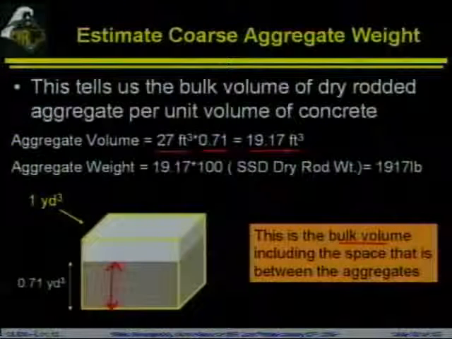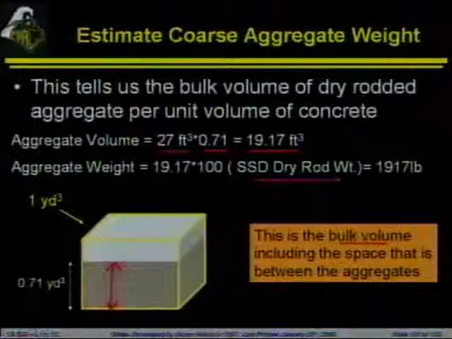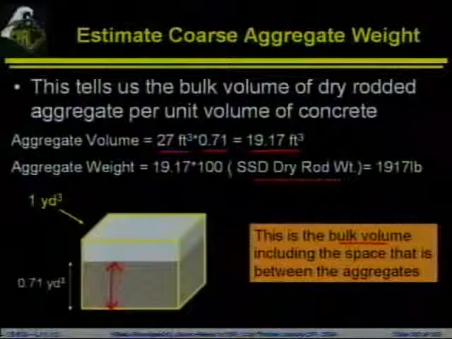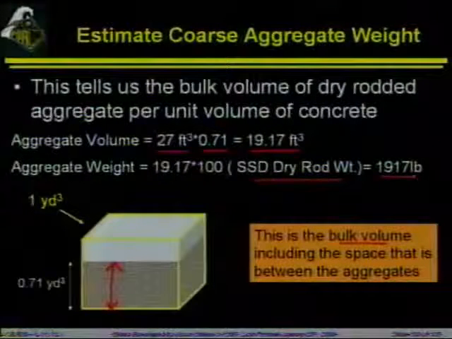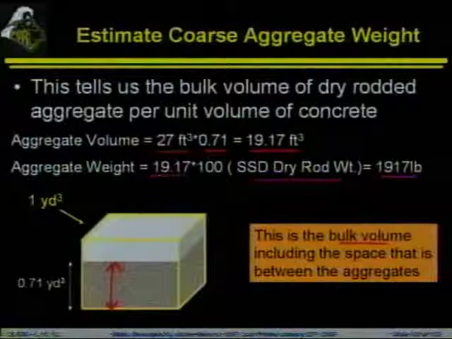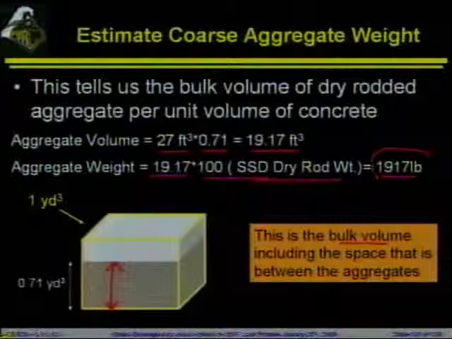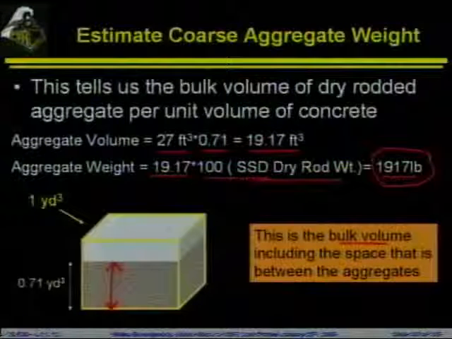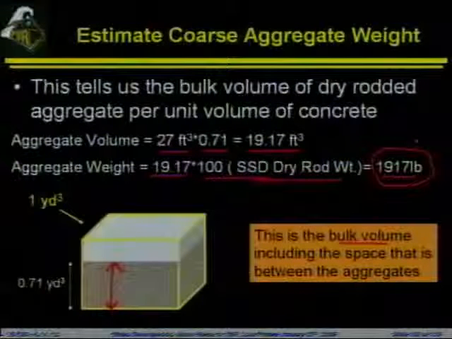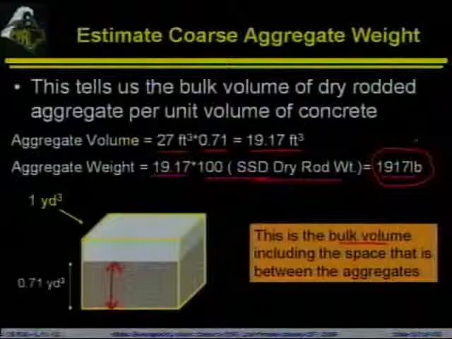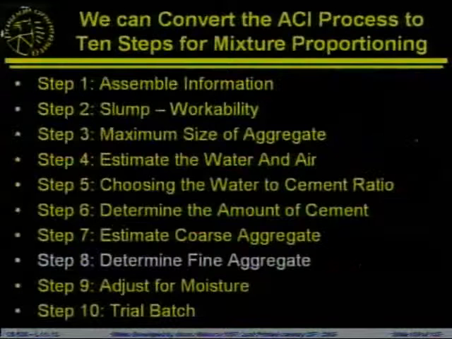If I know my dry rodded SSD weight is 100 pounds per cubic foot, I could calculate the weight of the aggregate. So I've got 19.17 cubic feet times 100 pounds, and I get 1,917 pounds for my coarse aggregate. I've now completed step 17, where I've got my coarse aggregate in the overall mixture.